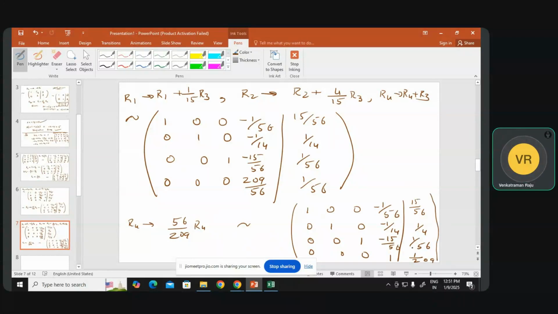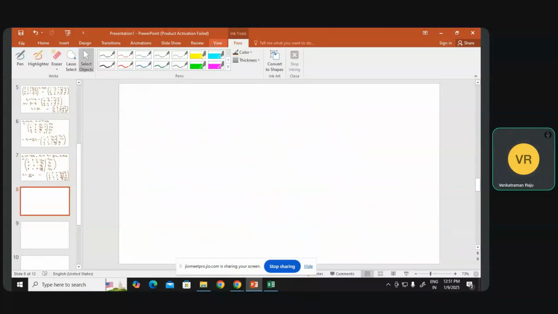So we are almost ready, except that these three elements have to be made 0, which I'll do next. One final operation will set it right. What is that? Rather, we should do R1 goes to R1 plus 1 by 56 R4. R2 goes to R2 plus 1 by 4 R4. R3 goes to R3 plus 15 by 56 R4.